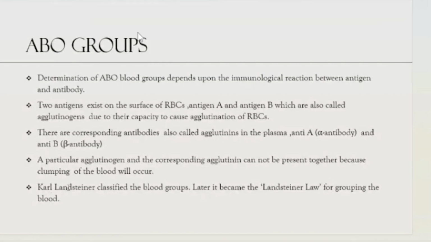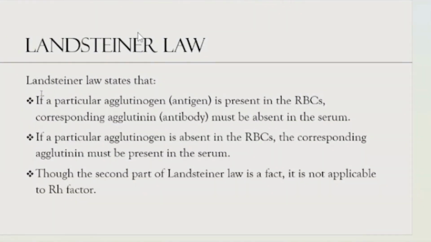Then, as I said, Karl Landsteiner classified the blood groups, and later it became the Landsteiner law for grouping blood. That's when we'll go over to our next slide. What does Landsteiner's law say? It says that if a particular agglutinogen, which is basically your antigen, is present in the red blood cell, the corresponding agglutinin antibody must be absent in the serum.